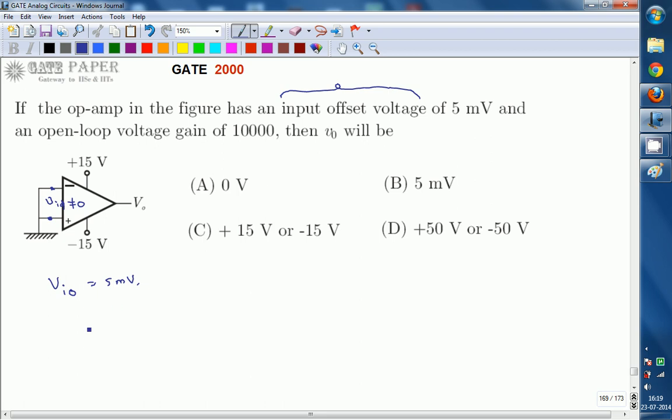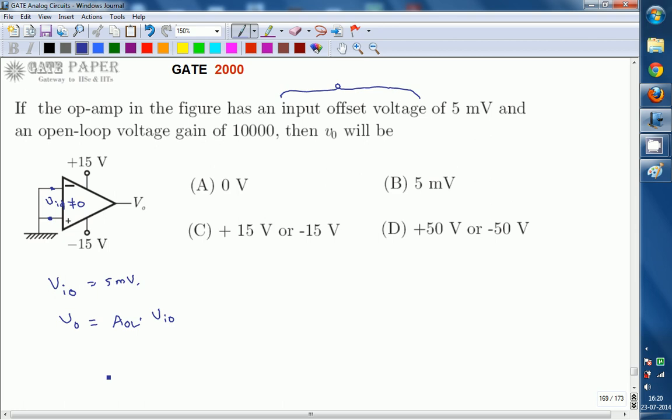So whenever it is present, this will be amplified by the open loop voltage gain, and that will appear at the output side. So V0 for this input offset voltage is nothing but the open loop gain times VIO. Whatever difference signal is present will be amplified by the open loop gain. Even if you apply a common signal to both inputs, or no input signal at all, there will be a small difference signal existing between the two terminals.